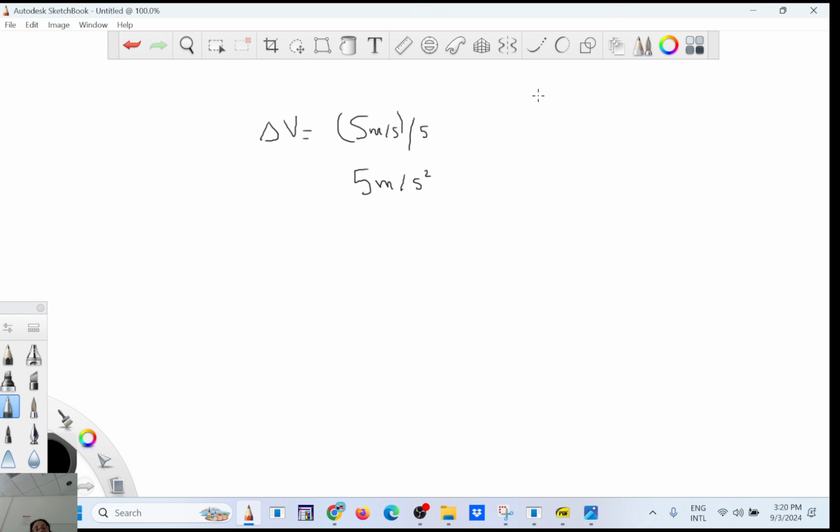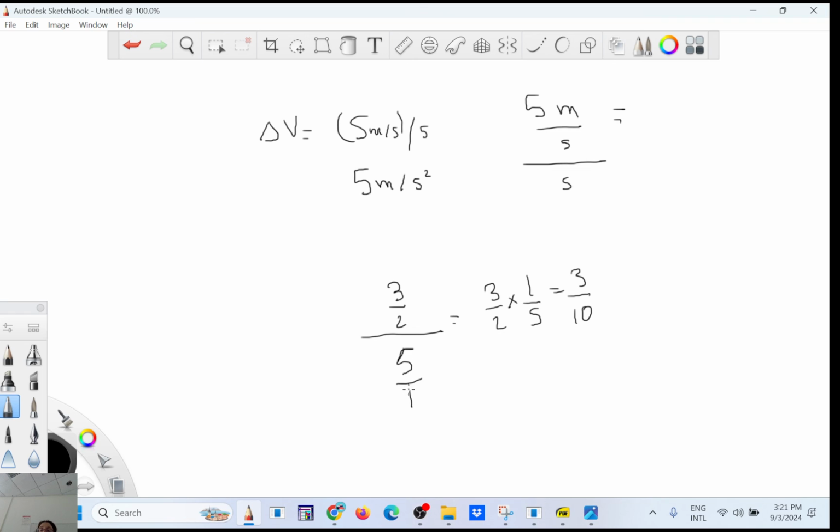Okay, because it's like when you divide. So let's say you have 5 meters per second. When you divide, you multiply by the reciprocal, right? So for example, if you have 3 over 2 over 5, it's going to be the same as 3 over 2 times the reciprocal. So when you divide by a fraction, you multiply by the reciprocal, 3 over 2 times 1 over 5.